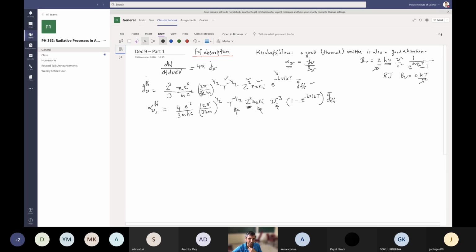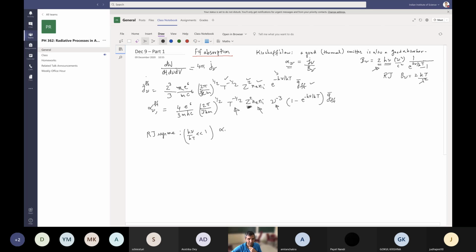So you can actually see here, right? Low frequency has a larger alpha nu, and that's mainly coming from this factor, nu squared. Okay. So we can actually just talk about the Rayleigh-Jeans regime, which is h nu by kT much less than 1.